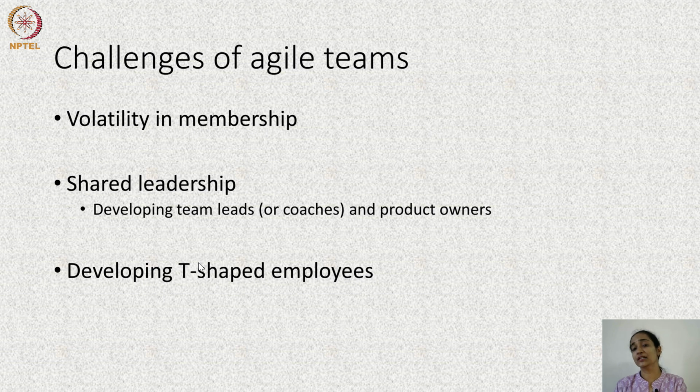Another challenge here is developing team leads or Agile coaches and product owners. Remember, I said that the product owner has to be someone that the team members trust, and the product owner and the rest of the team together have to prioritize and execute the work in each sprint.